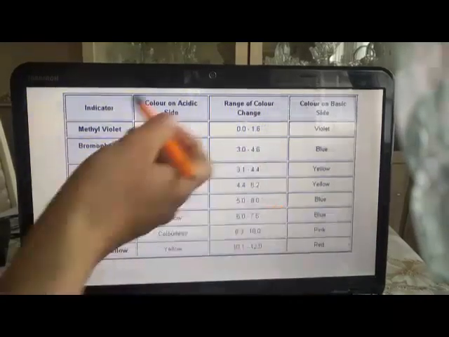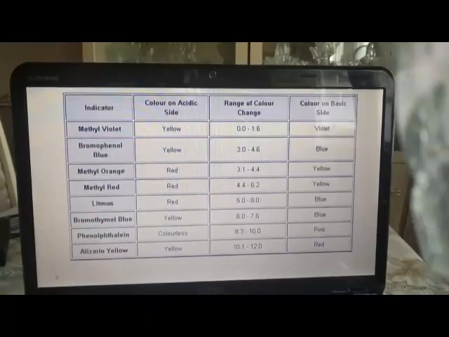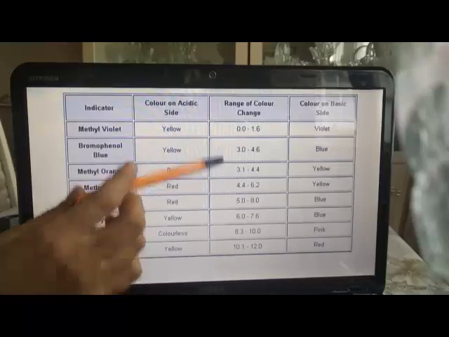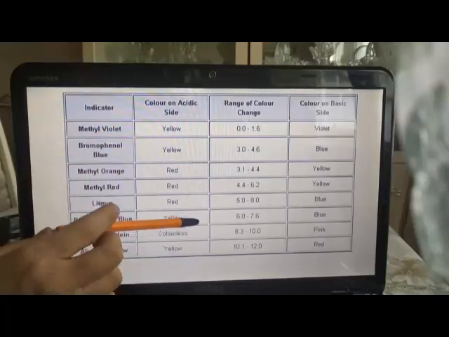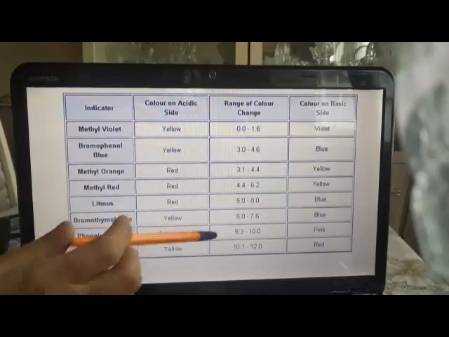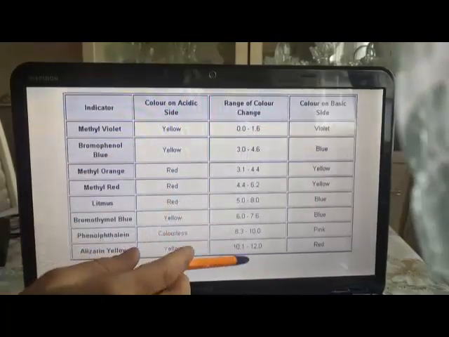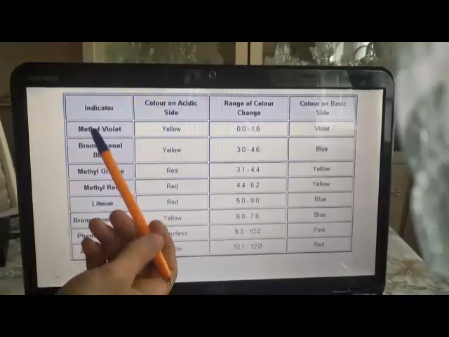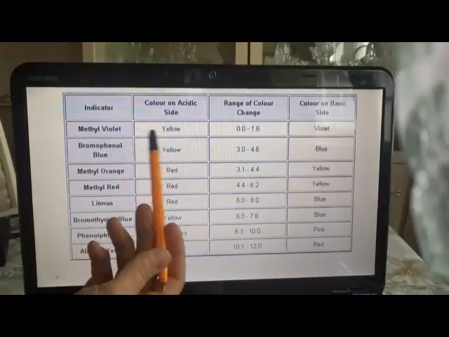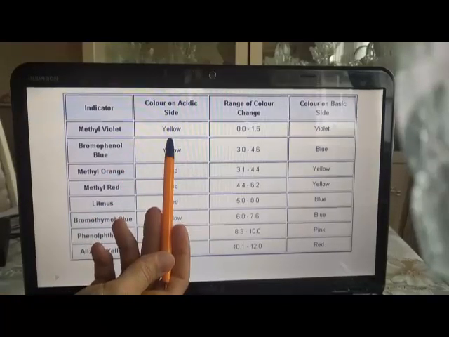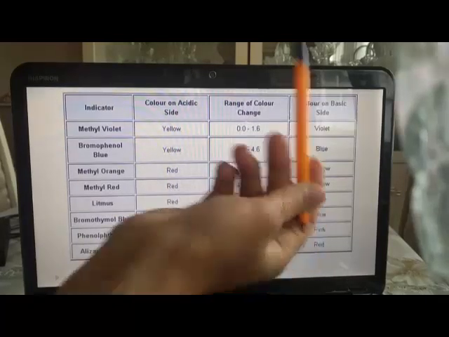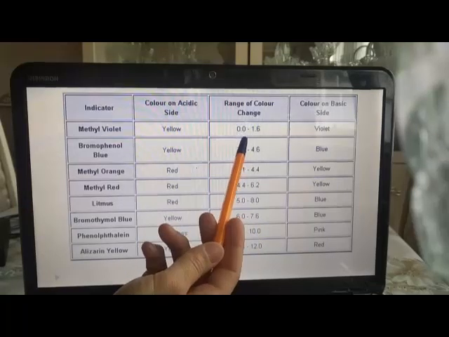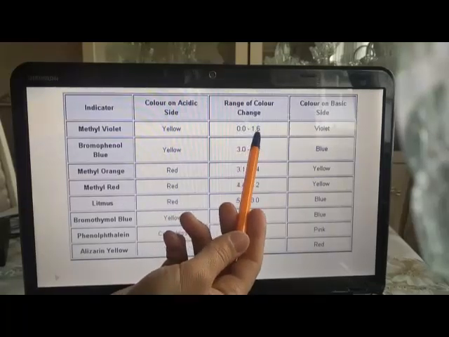From the table, we can see the names of some indicators, the color of these indicators in acidic form, the range of the color change, and the color of the indicator in basic form. For example, methyl violet: in acidic medium it's yellow, in basic it's violet, and the range of color change is from 0.0 to 1.6.